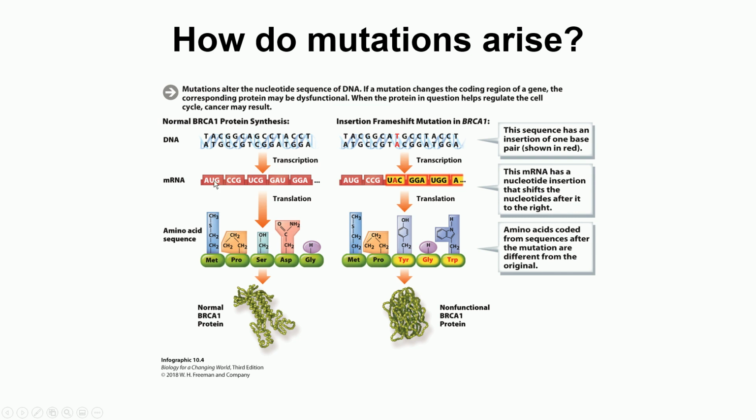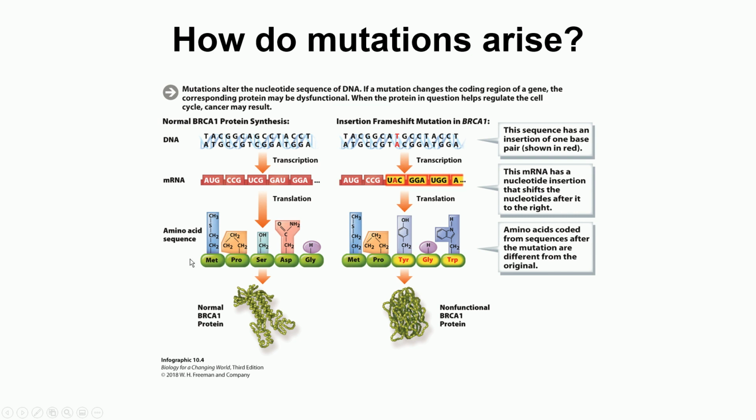You can see here, this is a normal mRNA. It is AUG, CCG, then UCG. Because of the incorporation of the T here, there is the incorporation of A here. And after this, the whole order of the amino acids changes.